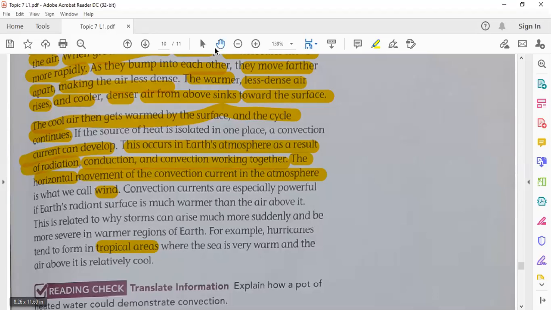As you know, the globe is divided, this is the globe. Sorry, I am not good at drawing. As you know, this line is called the equator. Tropical areas are here. These areas are always warm, because the sun is always direct on these areas. But here, for example, the North Pole and South Pole, it's very cold.